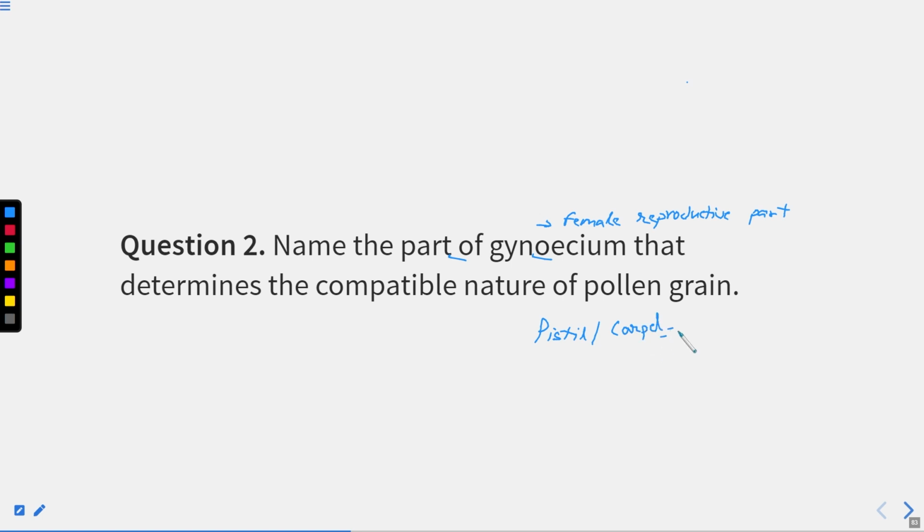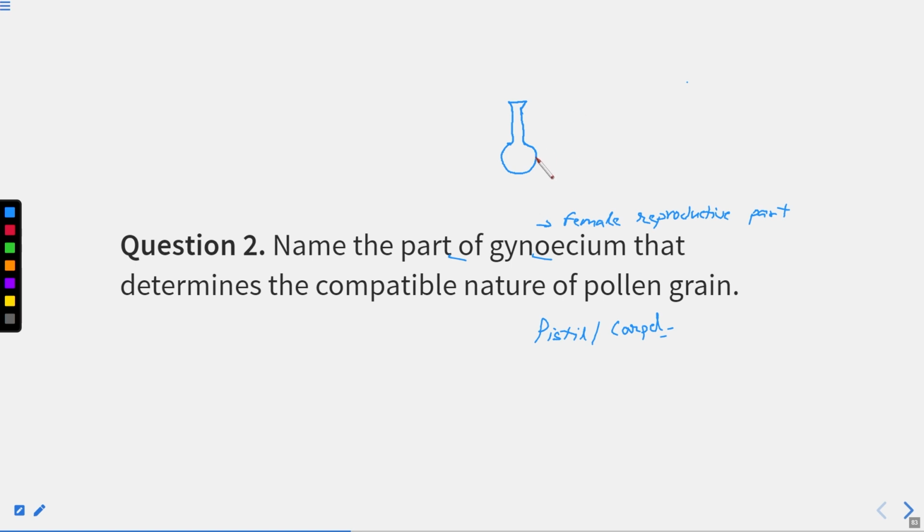Now, we have already discussed the structure of the pistil. So it consists of the ovary, style, and stigma. So I'm drawing a very rough diagram of the gynoecium. So it looks like this. At the base, it has a swollen ovary. So the basal part is known as the ovary and it is swollen. And then there is a tube-like structure which is known as the style, and the upper part is known as the stigma.